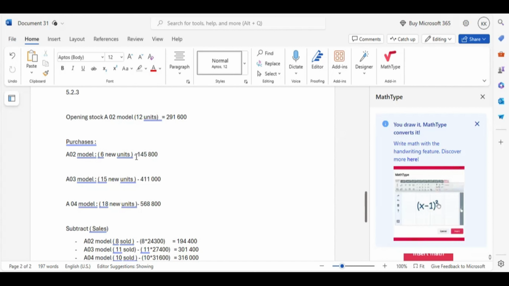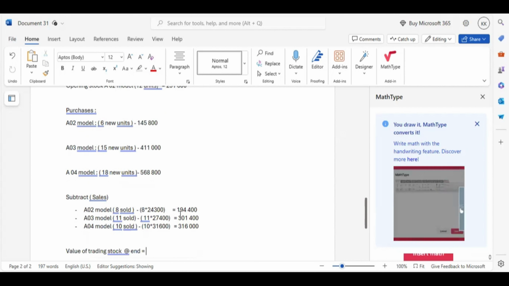And now I need to subtract my sales: 194,400 minus 301,400 minus 316,000. The value of my trading stock at the end, using the specific identification method, is going to be 605,400. This will be your final answer.